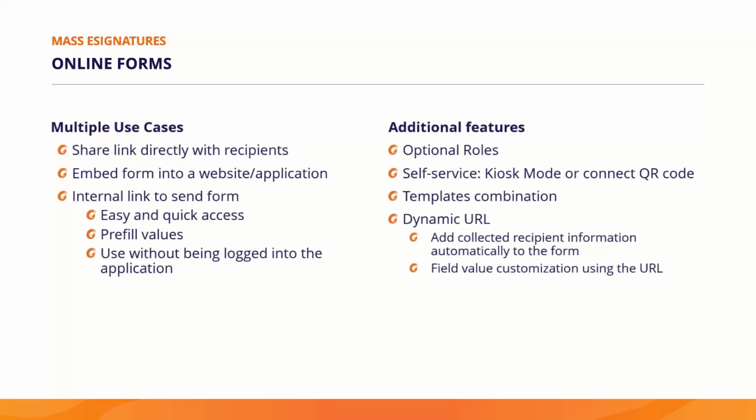If you have collected any recipient information on your website, for example, you can pass those parameters using the dynamic URL. And when opening the online form, signers will not need to enter their duplicate information again, so it will already be pre-populated there on the form.